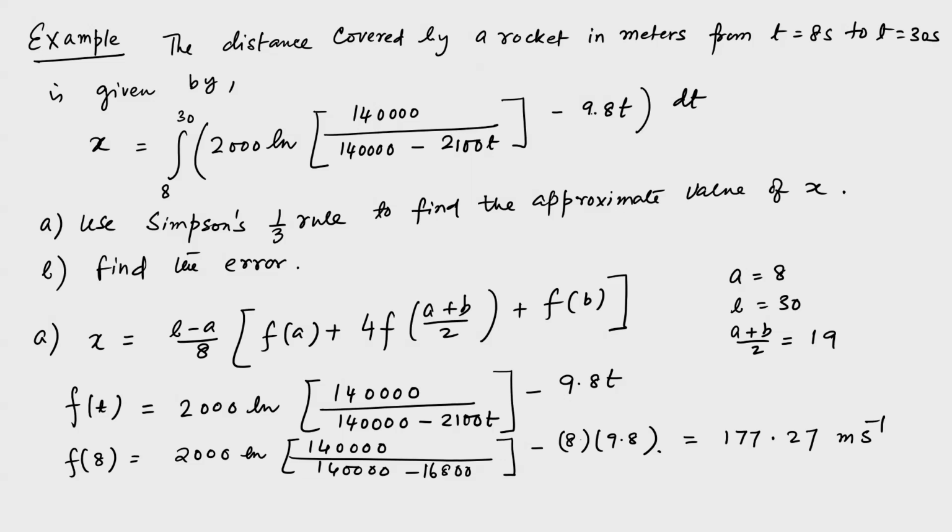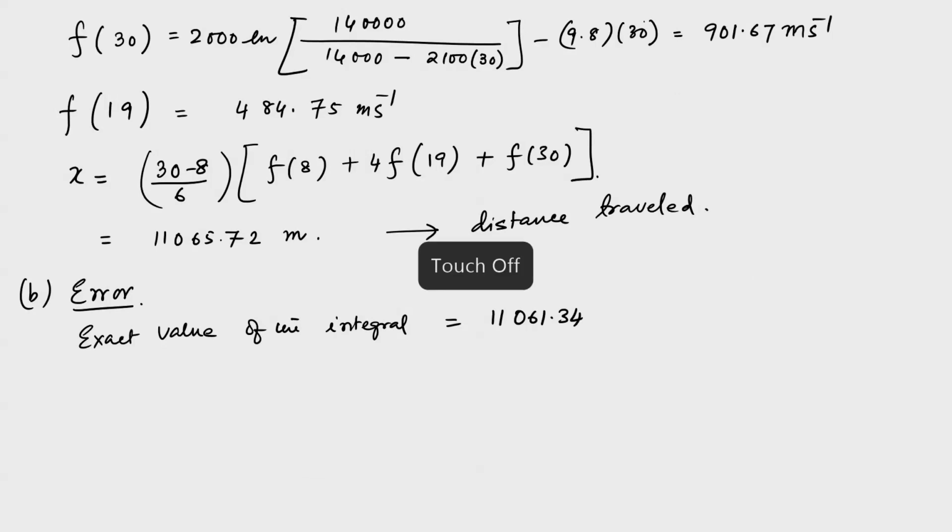The log a term will give a constant, which when you integrate over dt will give you just a t, and the log x dx can be integrated, between the limits t equal to 8 to t equal to 30.